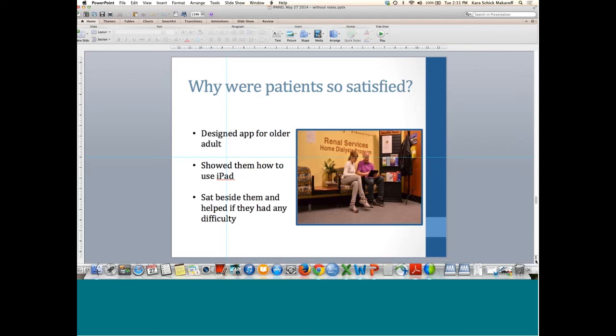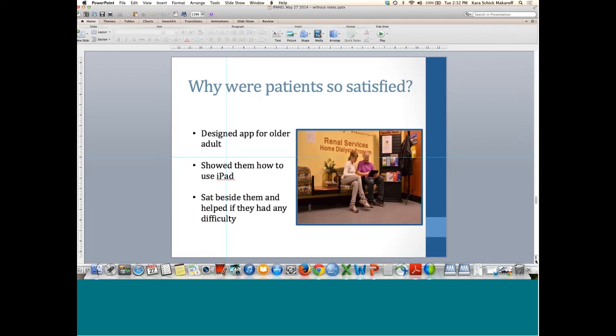So I guess the second and the third item highlight a potential performance bias, meaning that my assistance could really be an intervention that influenced their ratings of their satisfaction. But in looking back, I don't know that I would do it any other way, because only 4% had ever used this type of tablet, or a tablet, before.